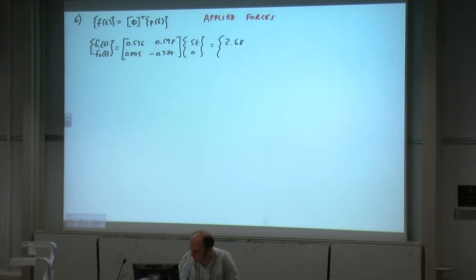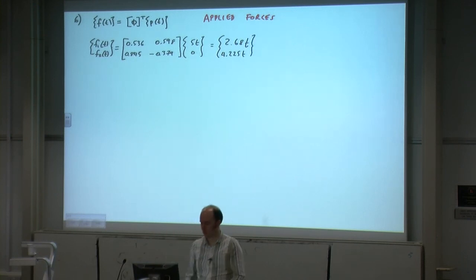And then for the second one, we've got 0.845 times 5, this is t, obviously. We've got 4.225. There's our applied forces.